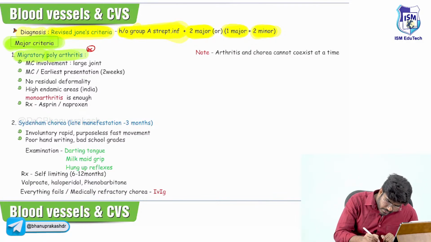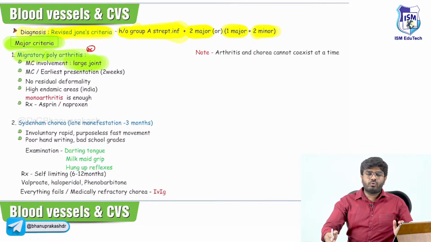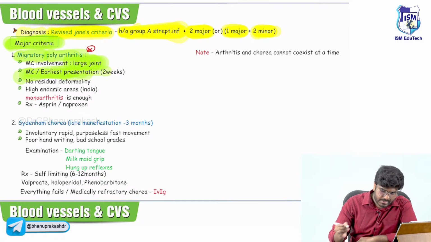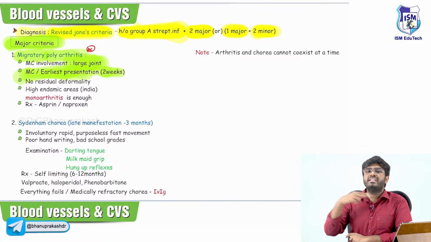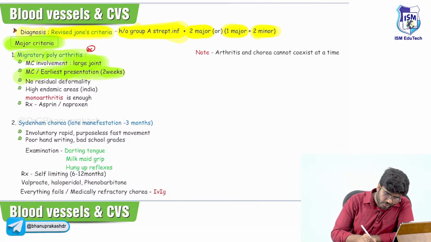Out of JONES, the earliest one to appear is this migratory polyarthritis. Within 2 weeks of developing streptococcal pharyngitis, I can develop migratory polyarthritis.